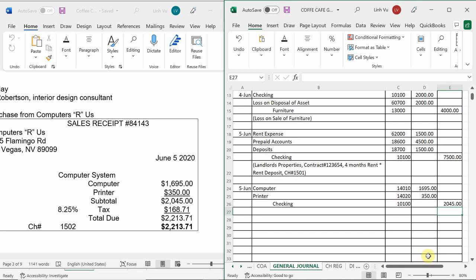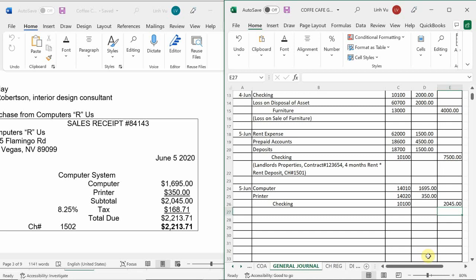What do I do with this tax that I was charged? What am I going to do with that sales tax that I had to pay? Aren't we supposed to journalize that also? How are you going to journalize that? As a separate thing or as sales tax?